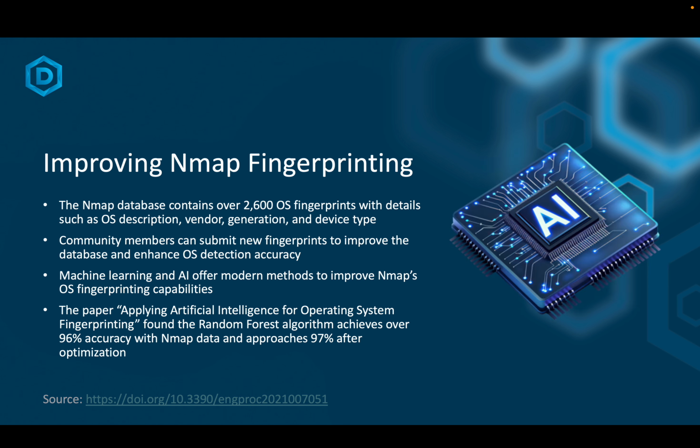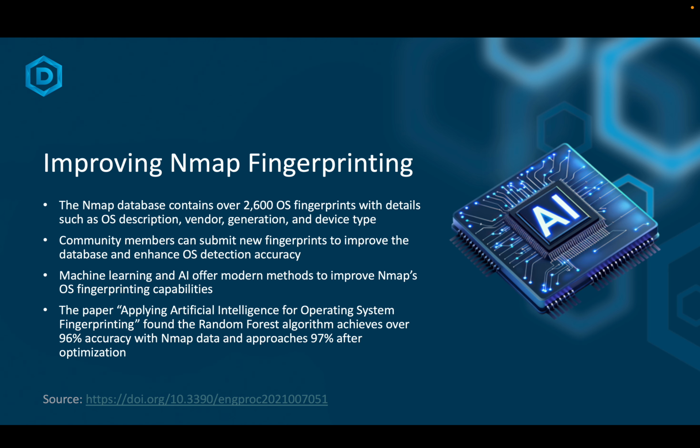So how can this fingerprinting capability be improved? Currently the Nmap database contains over 2,600 operating system fingerprints with details such as operating system description, the vendor, generation, and device type. And one way to improve it is through community contributions.